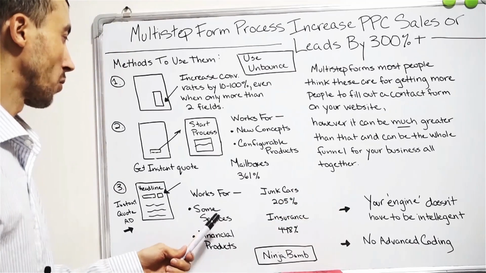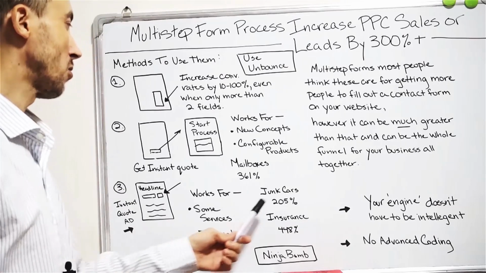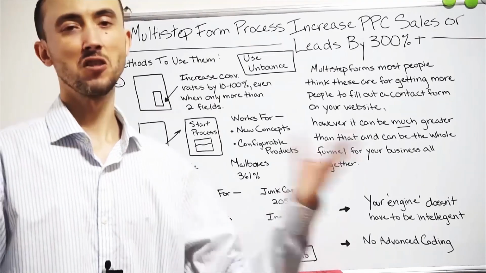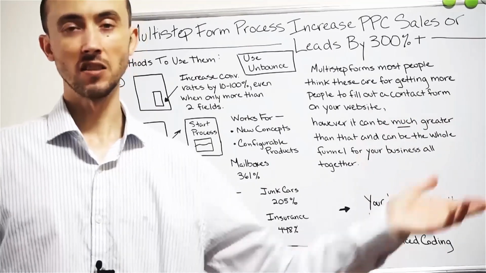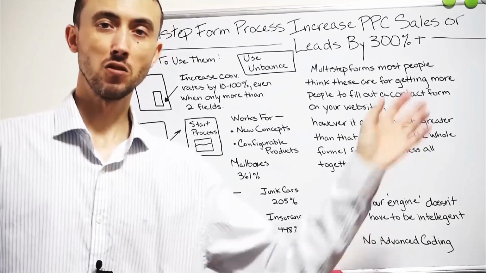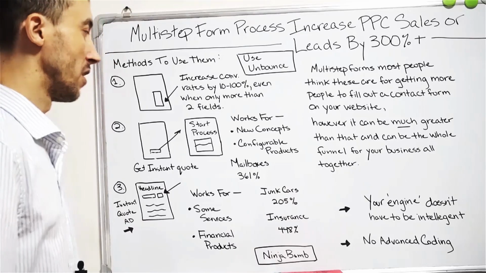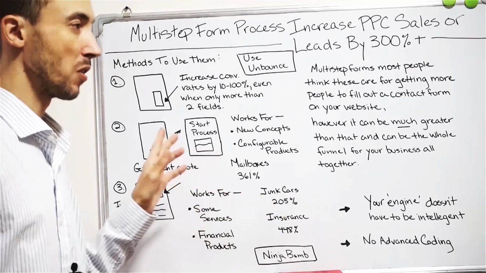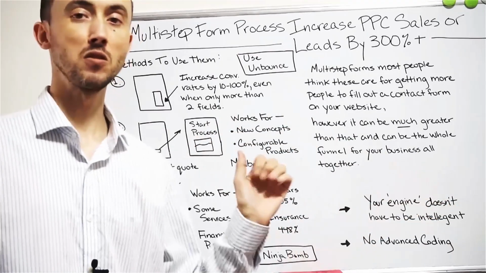But so when I say some services, it could be more services, really. I did this for a niche in the junk car space. So like if you have a junk car, you need to sell it, you want to get money for it, you can't necessarily take that to the dealership because it's too crappy, most of the time, or theoretically. Instead of having a landing page, you're taking people to a page which they know they want to sell their junk car, and you say that you buy junk cars.